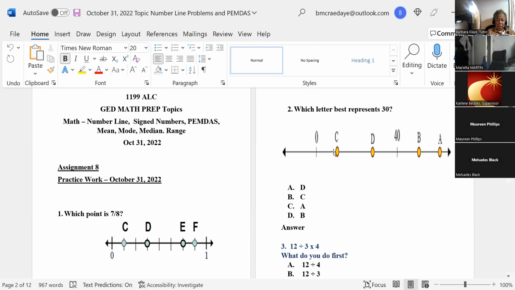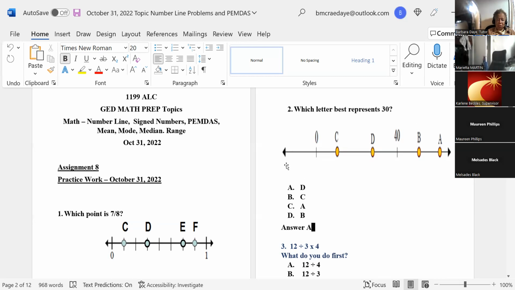You're increasing going from C to A, so before 40 would have to be less than, and 30 would be about D. Very good, Mercedes. So what would be the answer? Answer A, because answer A has the letter D. Now, if you said 50, you'd come after 40, and that would be B, right?